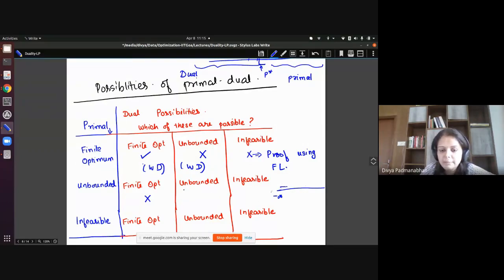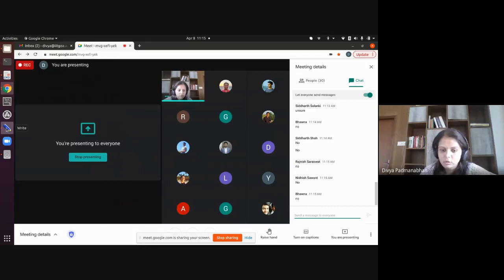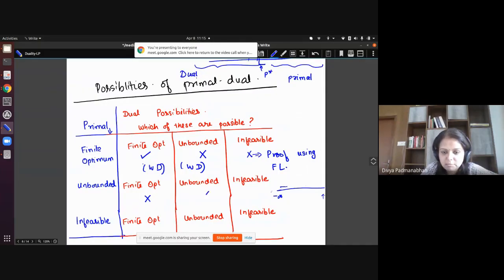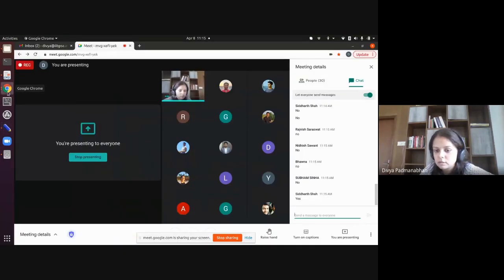Now, can the dual be unbounded? By dual unbounded, it means the dual takes a value of plus infinity. It's feasible, but unbounded. Can that happen? No. Good, so this is not possible. Now, can the dual be infeasible?